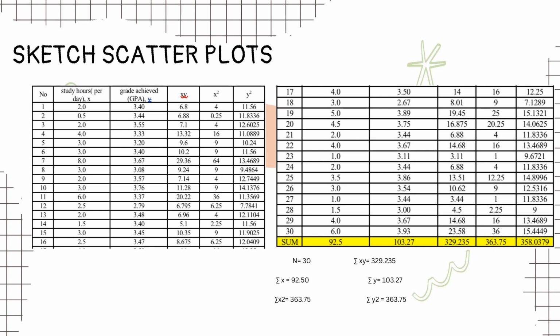And the lowest grade achieved is 2.7 and the study hours are 3 hours. So we can conclude that the longer time taken to study, the higher grade we will achieve, because the effectiveness of study also comes when we manage the study timetable properly.